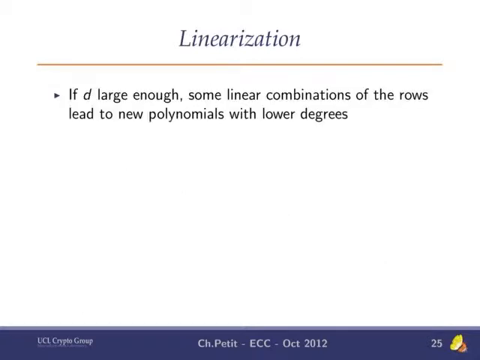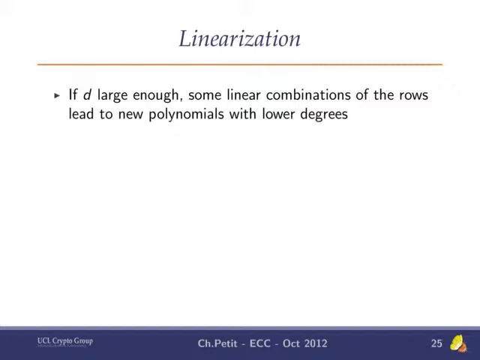Okay. So the theory says that if D, so the size of the matrix, is large enough, then there are some linear combinations of the rows such that the polynomials that you get have smaller degree.